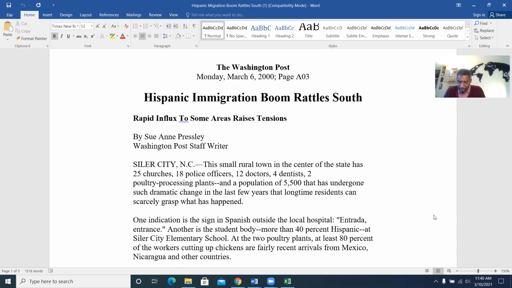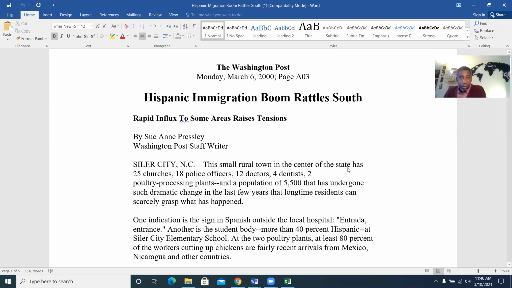And it was pretty much that way for most of the time, up until very recently. This article is from the year 2000, which really was, I don't want to say was the high point, because this trend is continuing, this trend of Latinx population moving from the border region into places like North Carolina and Tennessee.